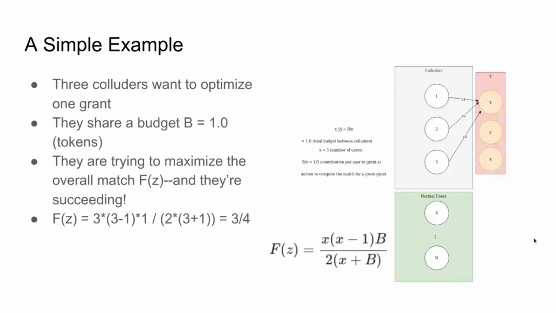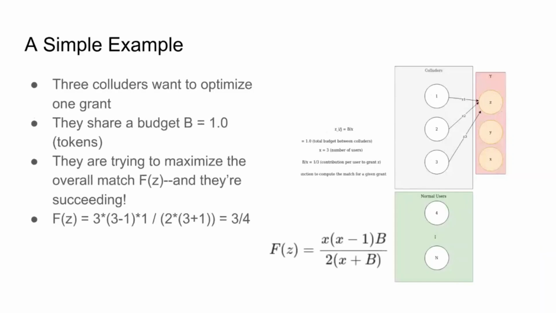But a simple example just to get everyone on board with what we're talking about. I drew this picture in one of our working sessions and people liked it, so I threw it in here. Imagine that we have 3 colluders and they're all trying to maximize the match output of Z, a single grant. They share a budget of 1 token.